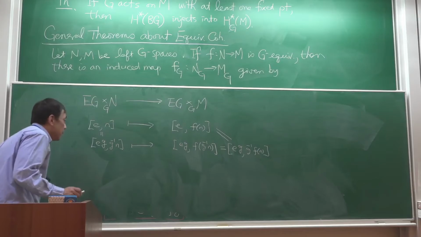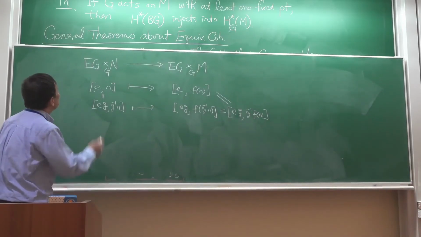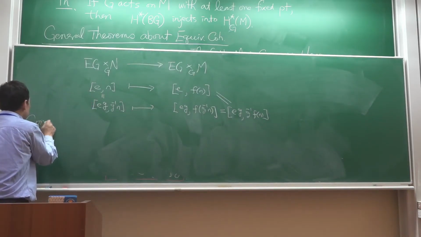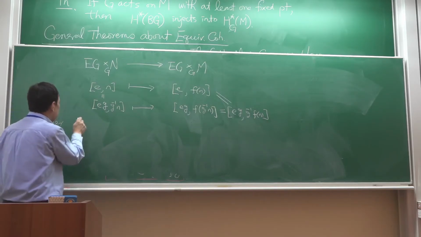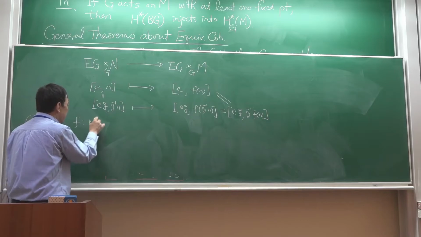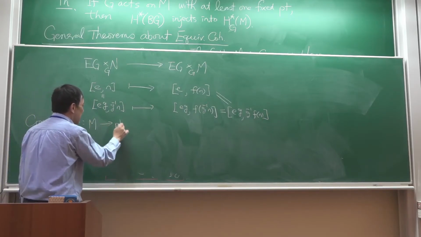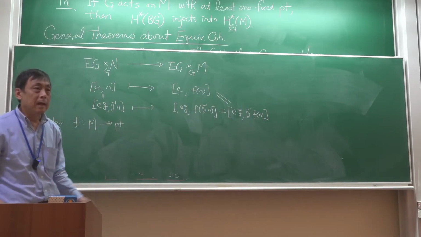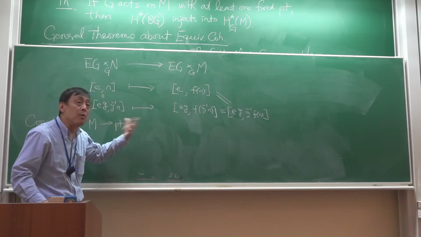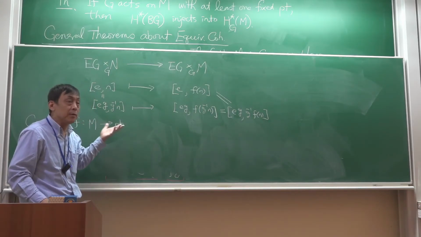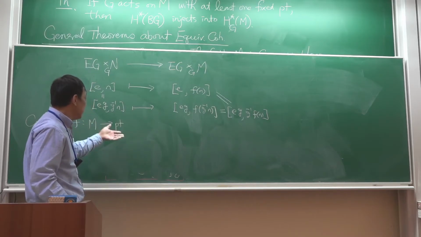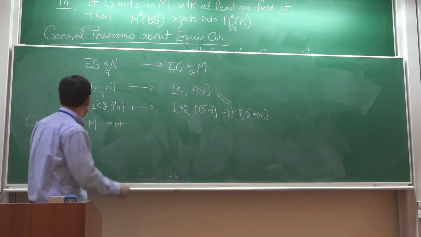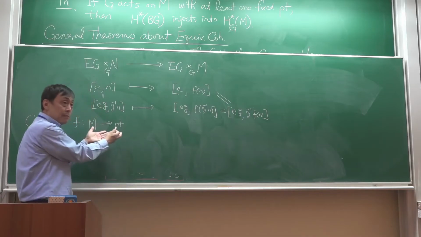And now, if you have a G space, you can map it to a point. Okay? And G acts on the point trivially. It takes a point to itself. So this map is equivariant. There's only one map like this.